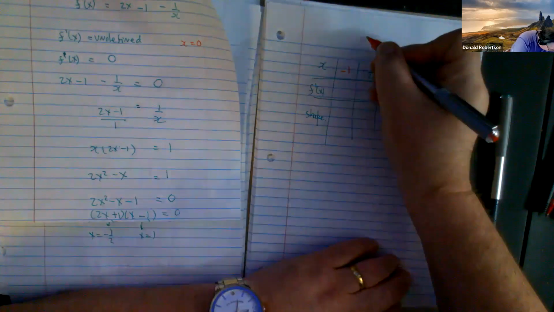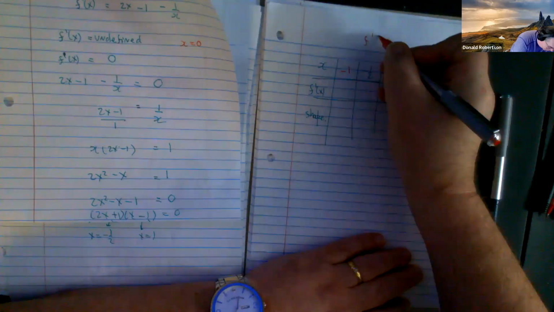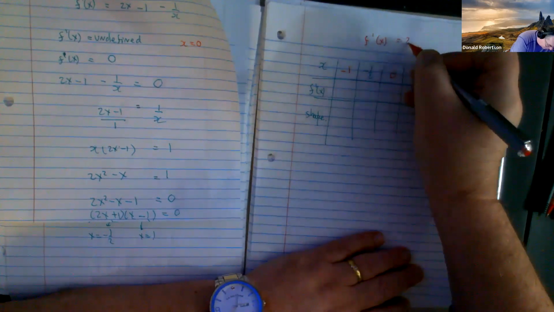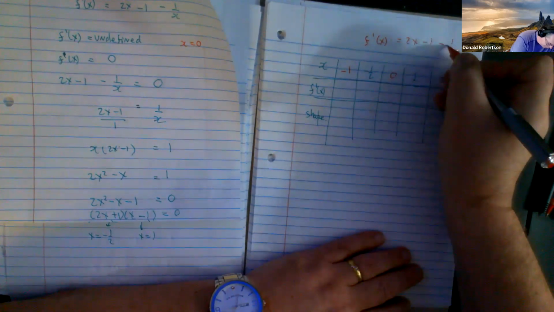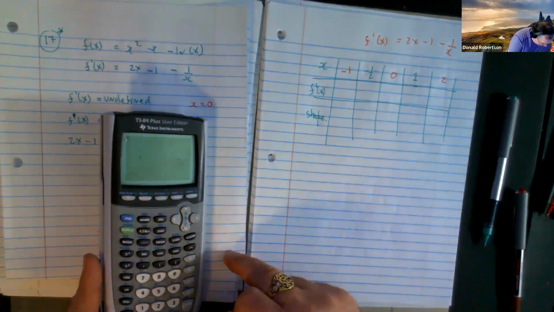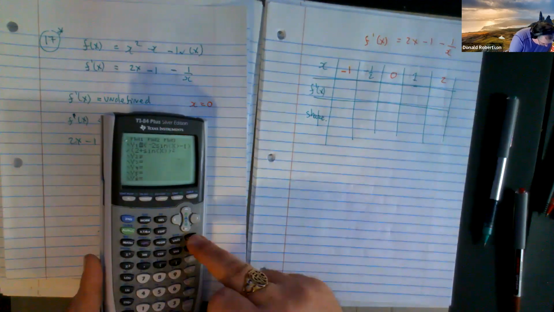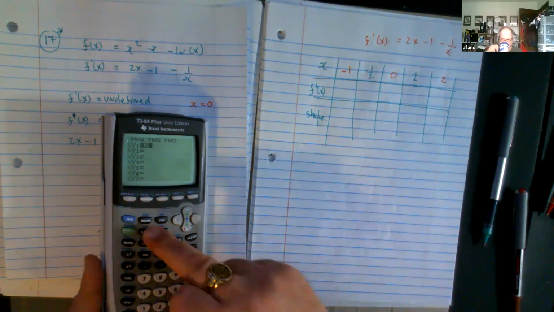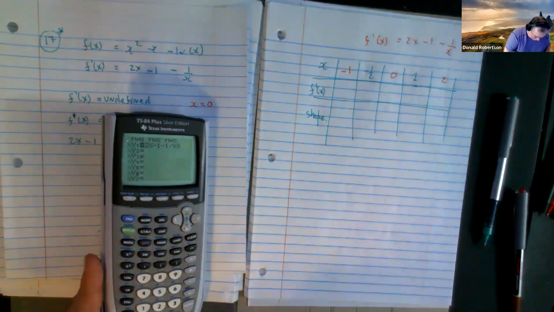I guess I'll write it up here because it's a little bit ugly. Couldn't really do much in the way of style points with that. So clear this out of the way. Y equals, and it's going to be 2x, take away 1, take away 1 divided by x.